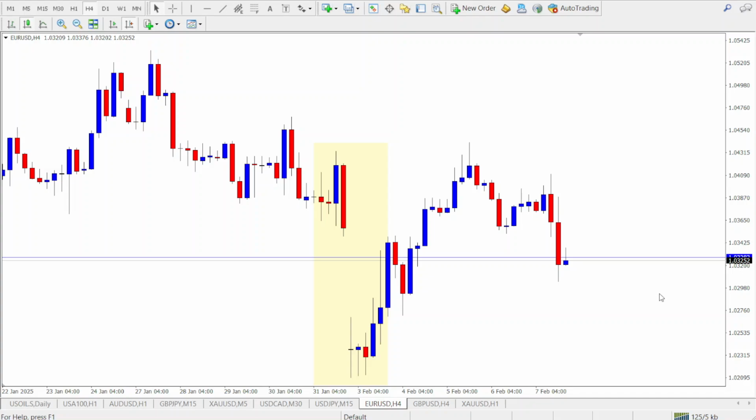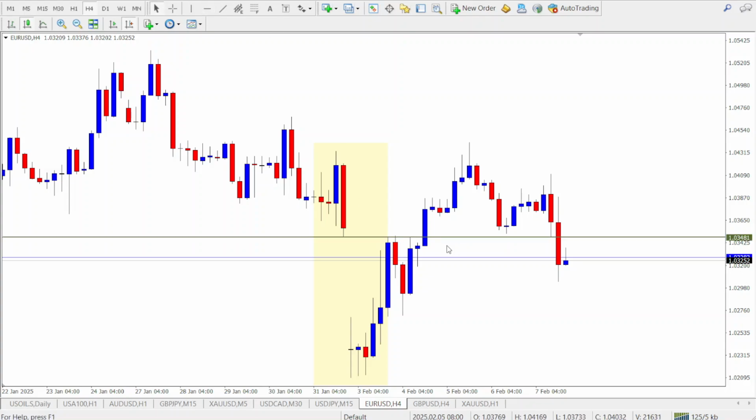Then you enter when price starts moving back toward the previous close. Then you can set your stop loss beyond the high or low of the gap. Then your take profit can be the gap fill level, right?